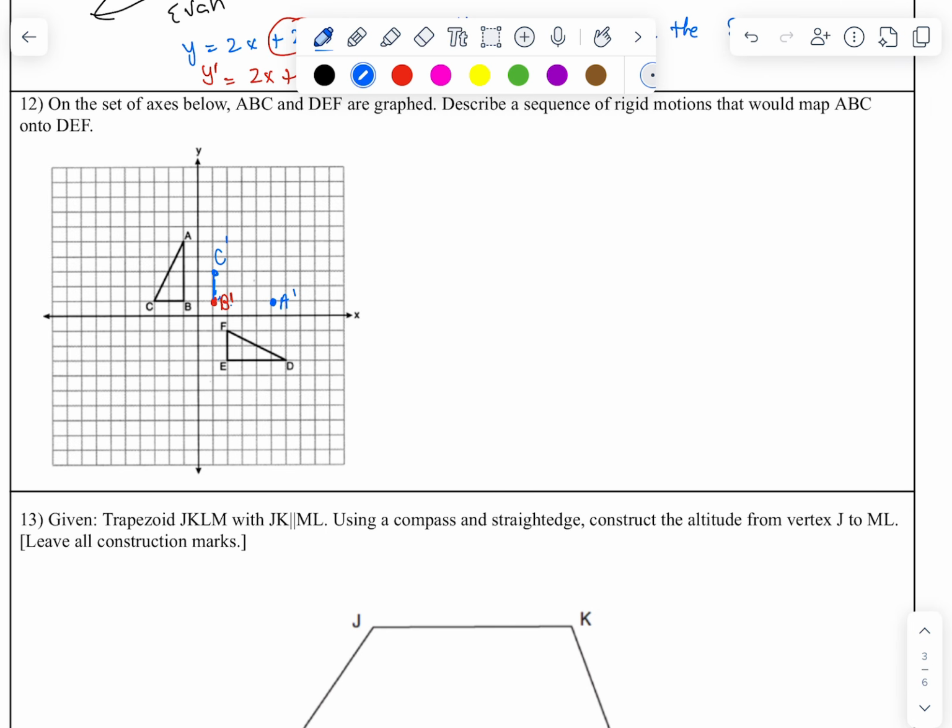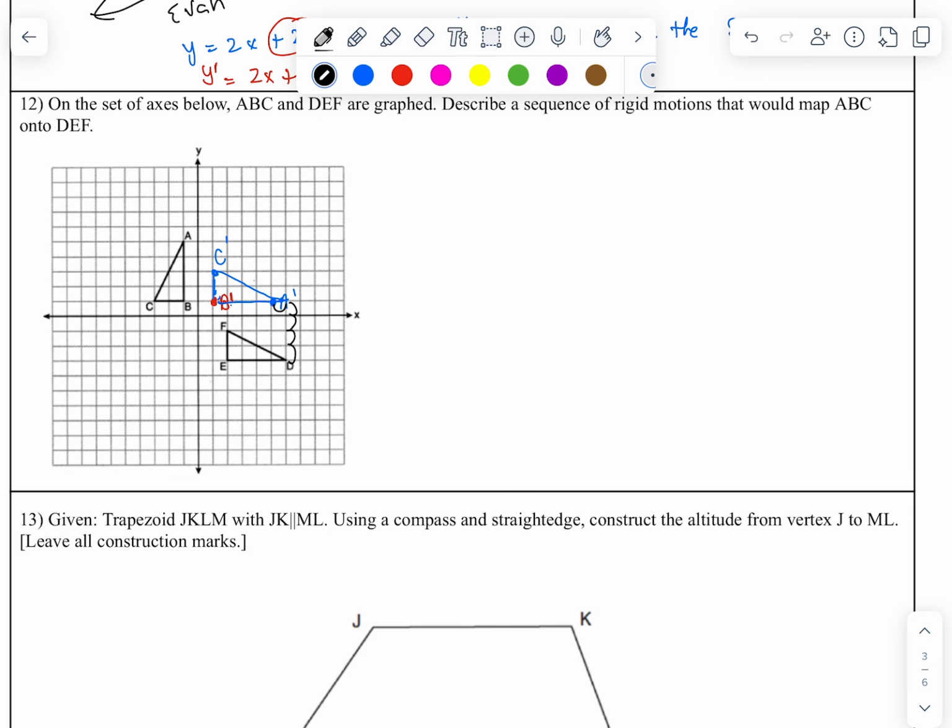It was nice numbers for this one. Okay, so that's a rotation of 90 degrees. And then it would require a translation to move A prime onto D prime. That would be 1 to the right and 1, 2, 3, 4 down.